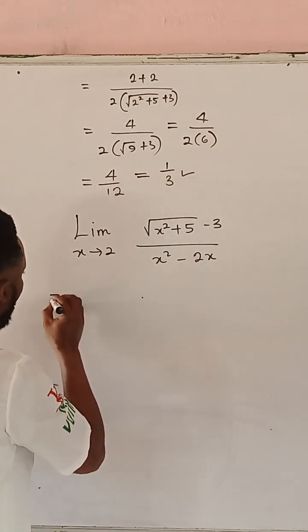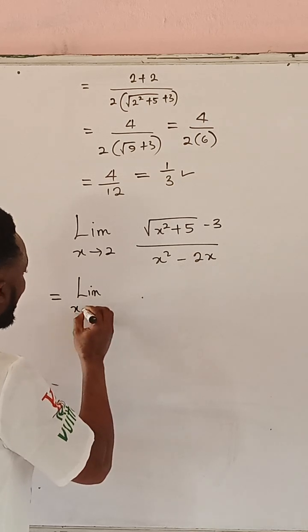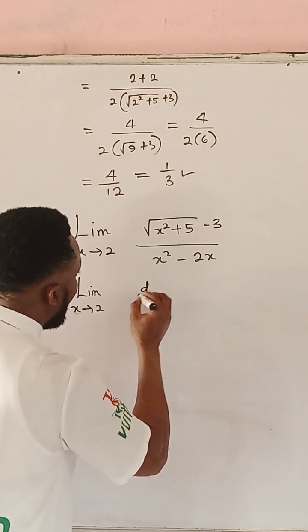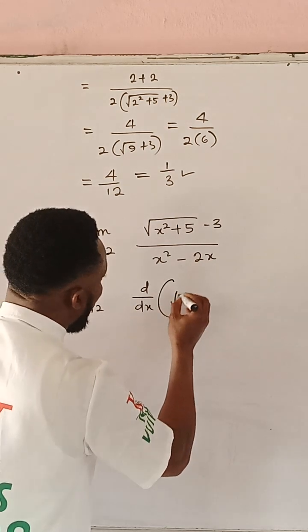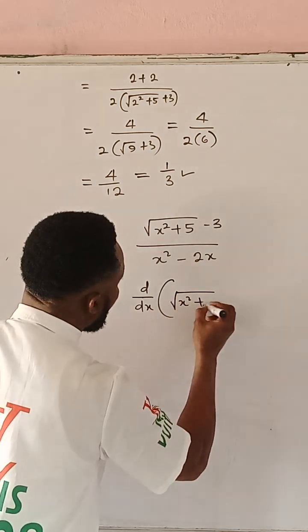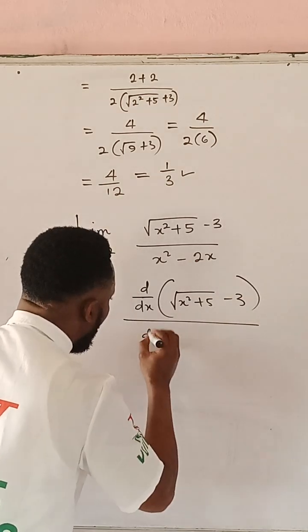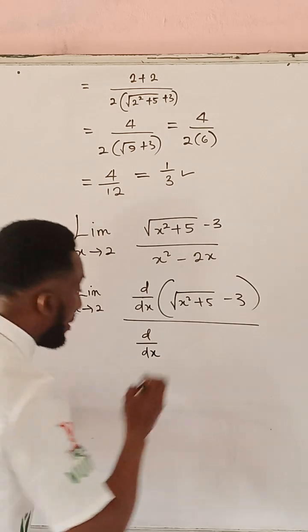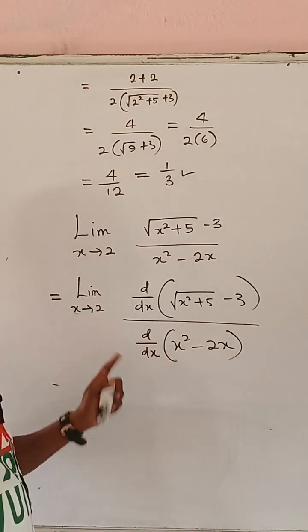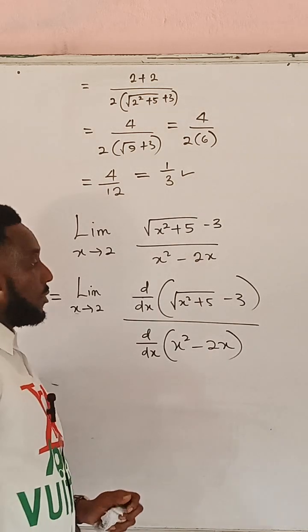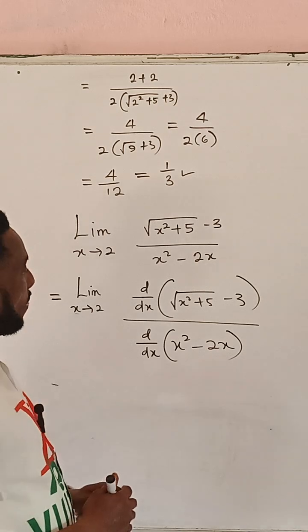Now, that means that we are going to say limit as s tends to 2, the differential operator d by dx of the square root of s squared plus 5 minus 3, all over the differential operator d by dx of s squared minus 2s. This is the work of L'Hopital. So you must be grounded in calculus to be able to do this.